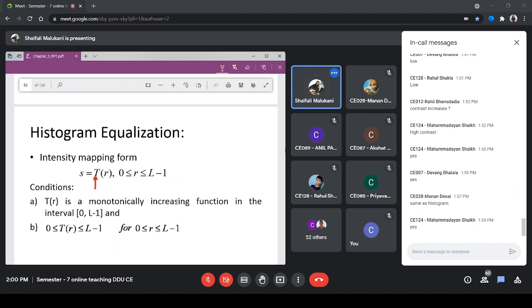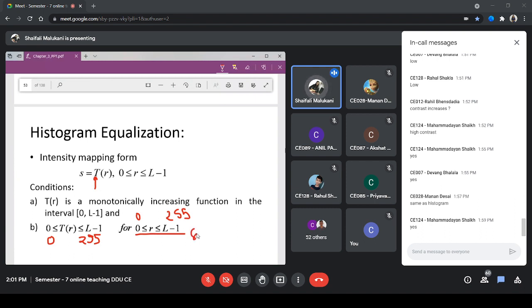If the input varies from 0 to 255, the output after applying the transformation should also be in the range of 0 to 255.